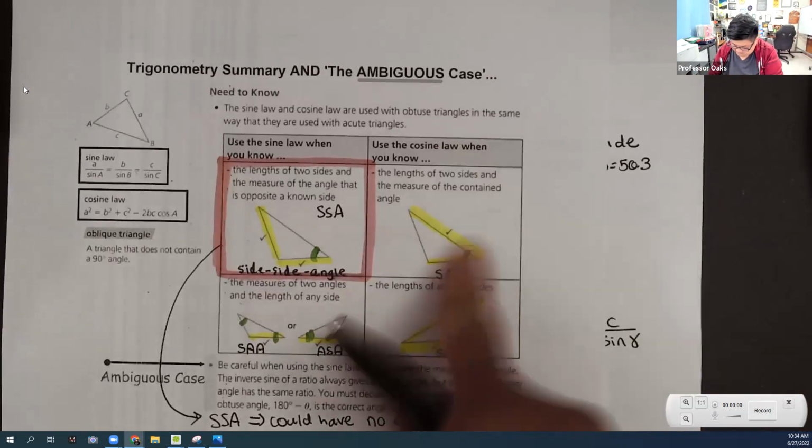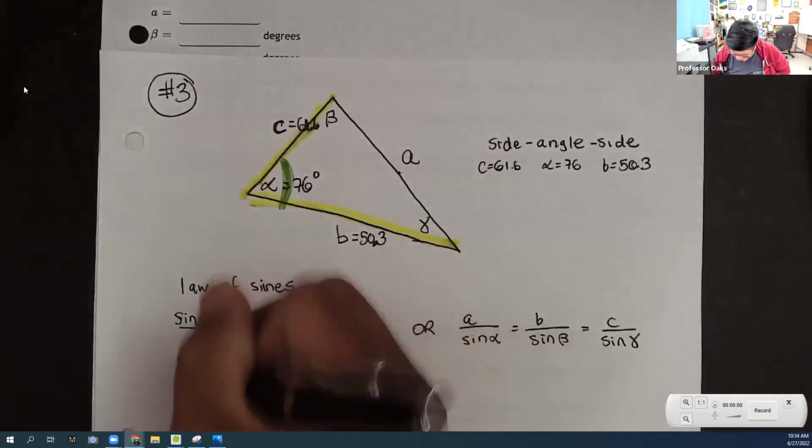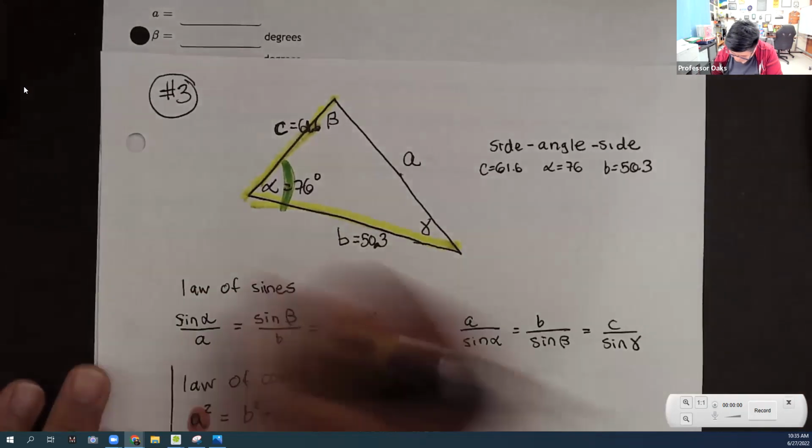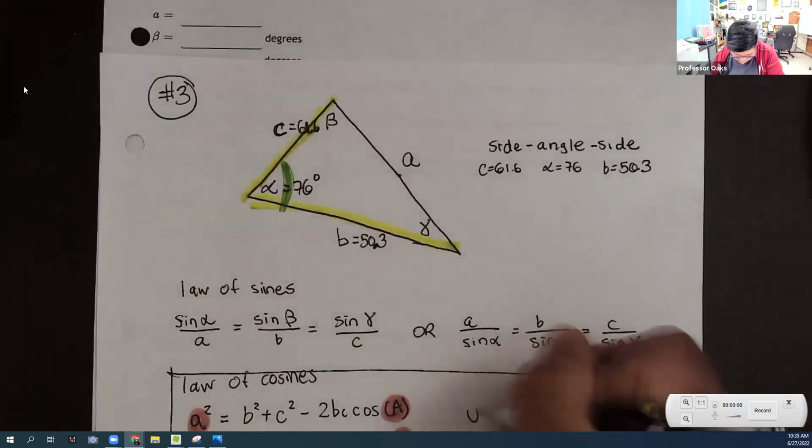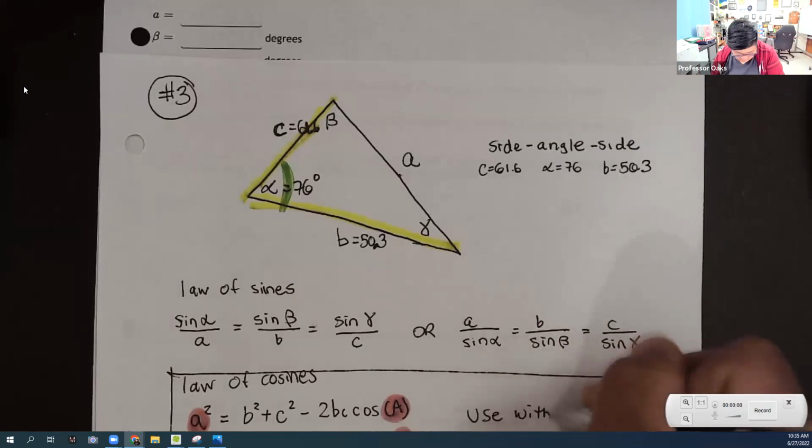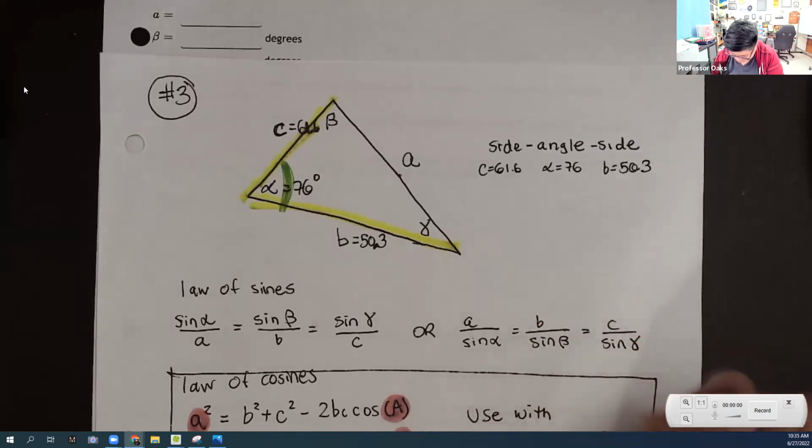So if you have this one or this one, use it with side, angle, side, and side, side, side.